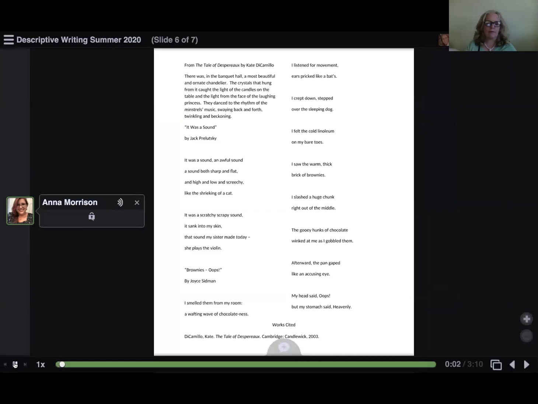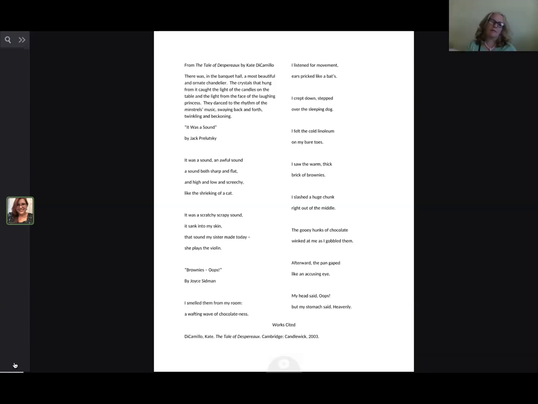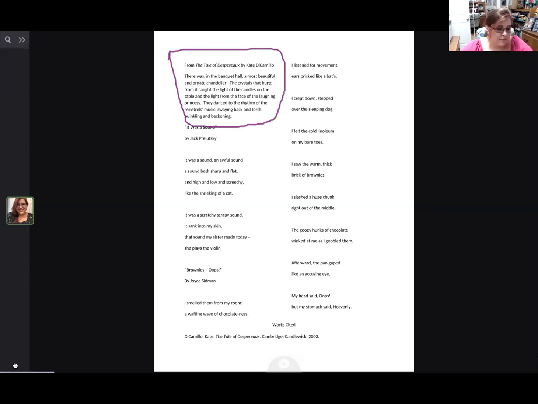Here I have some more examples of descriptive writing. The first part is a paragraph from a book you may be familiar with, The Tale of Despereaux by Kate DiCamillo. And here in a very short paragraph, we have a lot of great descriptive detail.